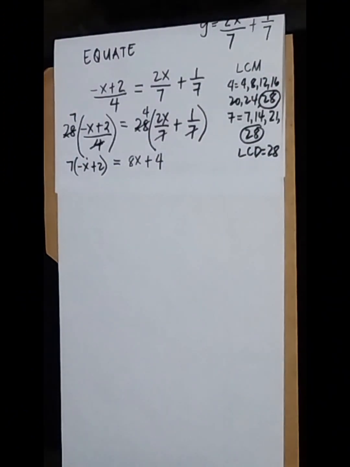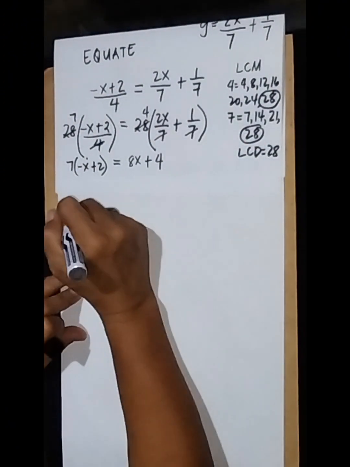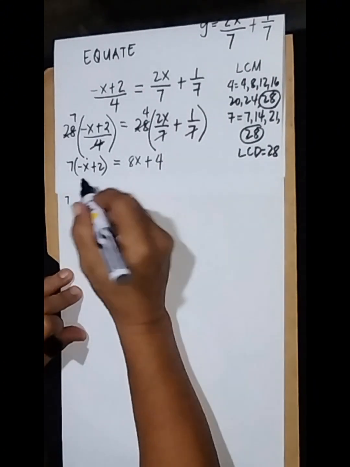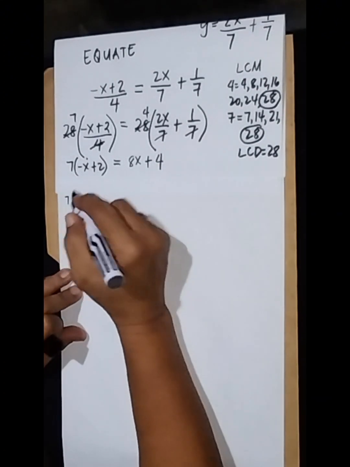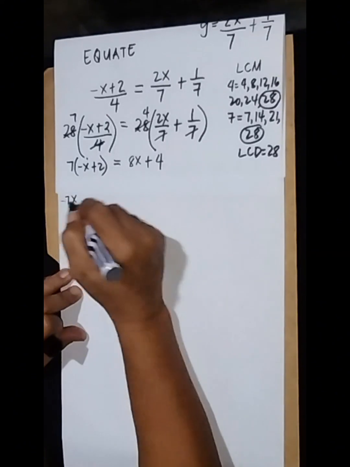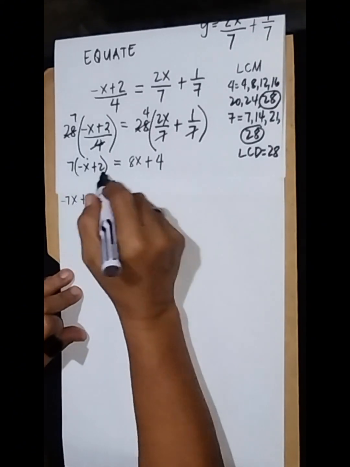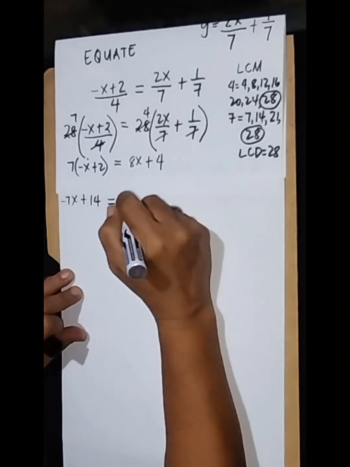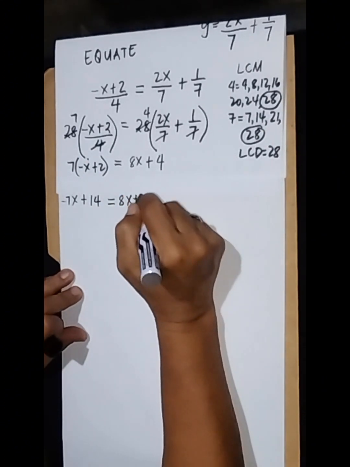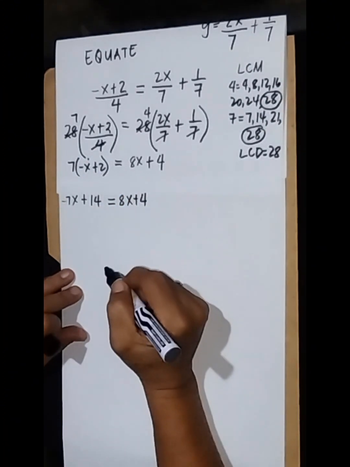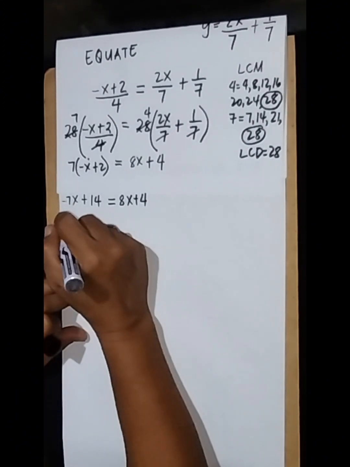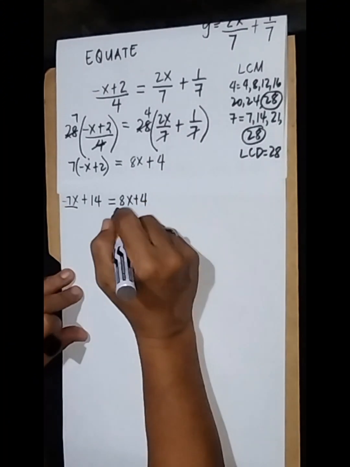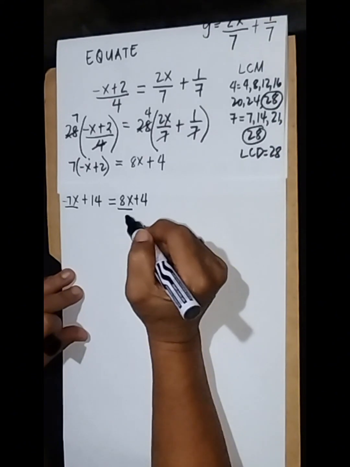Now, we have to simplify. So, 7 times negative x is negative 7x plus 7 times 2 is 14, equals 8x plus 4. Now, combine like terms. The like terms are negative 7x and 8x.